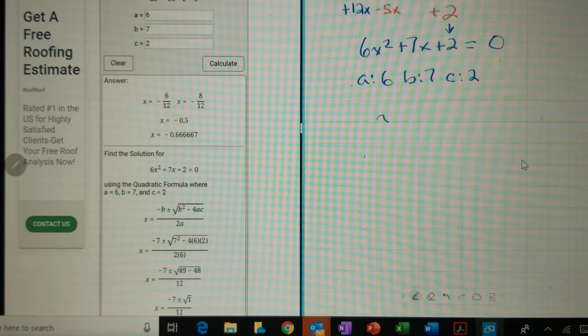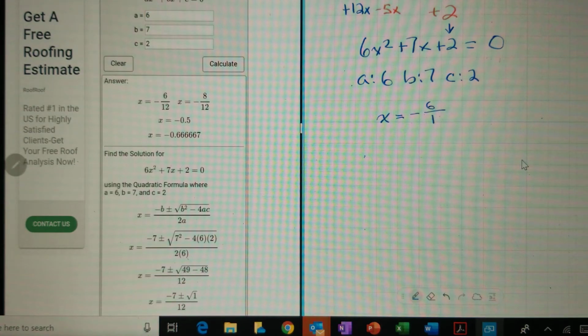One is x equals negative 6 over 12, and the other one is x equals negative 8 over 12.